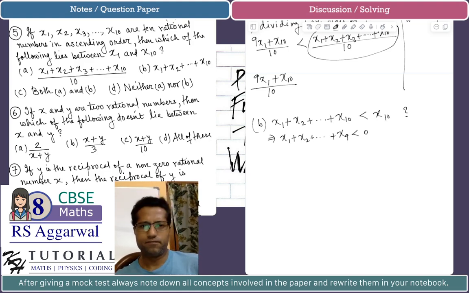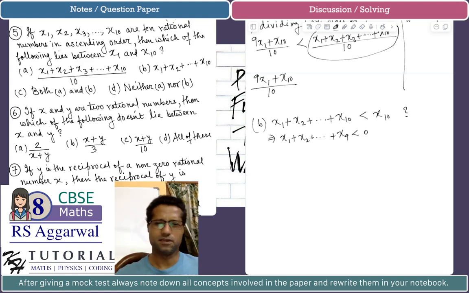No, I do not think this will be true, because x1 plus x2 plus x3 up to x9 plus x10 cannot be less than x10. I am assuming that all the rational numbers are positive, even though it is not given in the problem.